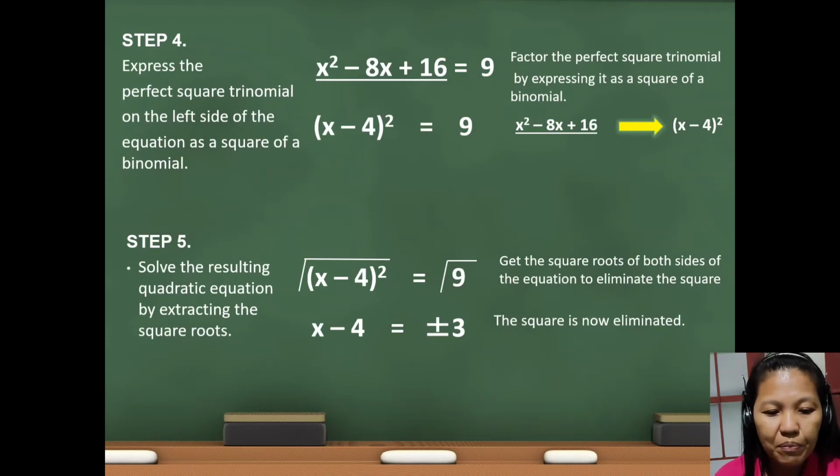For step 5, let's solve the resulting quadratic equation by extracting the square roots. Get the square root of both sides of the equation to eliminate the square. So the square is now eliminated from (x minus 4) quantity squared and 9. Then the answer is x minus 4 equals positive and negative 3.